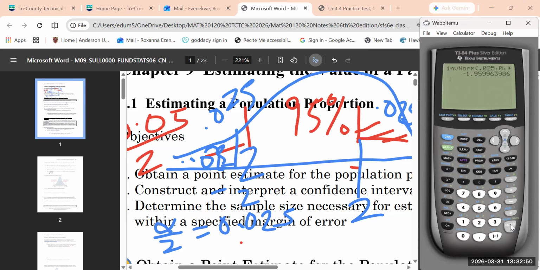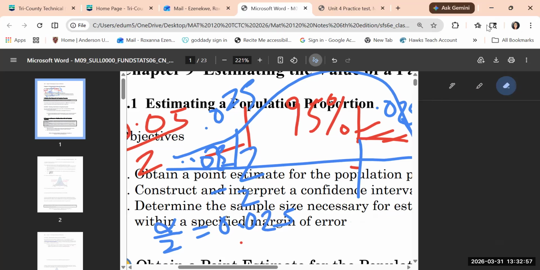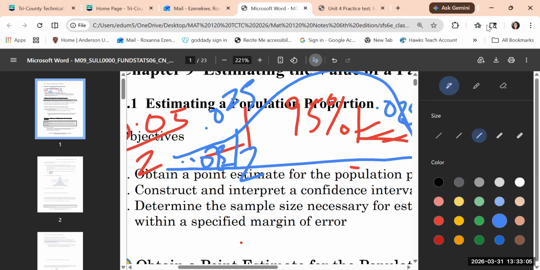And by the way, because the normal curve is symmetrical, area to the right is equal to area to the left. So this is negative 1.96, and this is 1.96. You see, my calculator is more accurate. So negative 1.96 and 1.96.